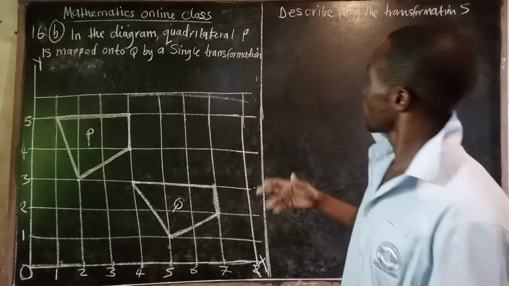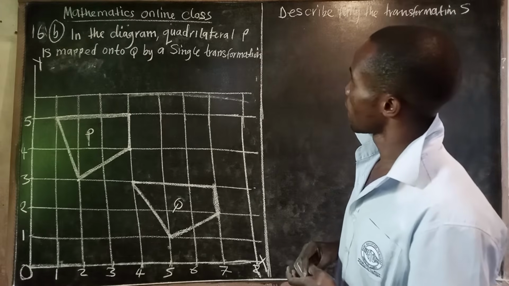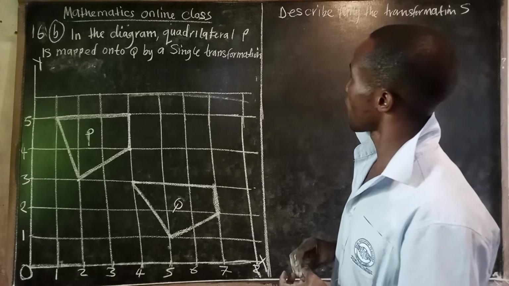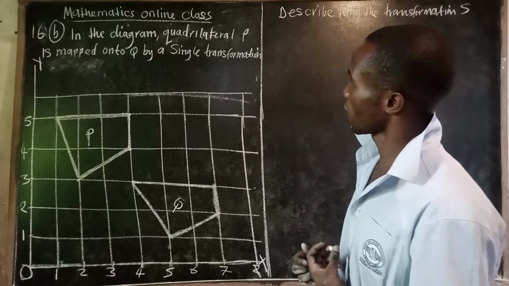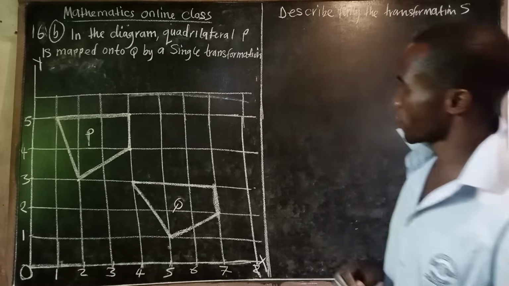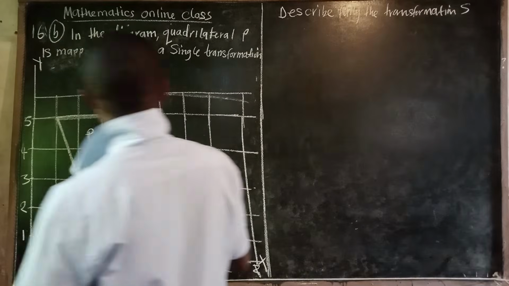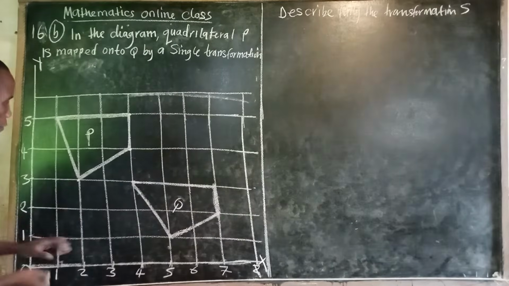In the diagram, quadrilateral P is mapped onto Q by a single transformation. Okay, single transformation. So this is the diagram that we have.